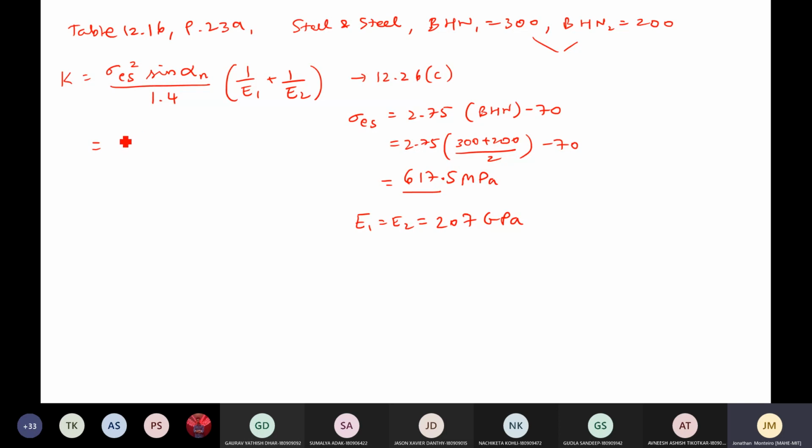I can write it in this simple way, 617.5 megapascals. The numerator we will maintain in megapascals, and the denominator also in megapascals. So sine of 20 degrees by 1.4. Since both values are the same, I can write 2 by 2.07 into 10 raised to 5.